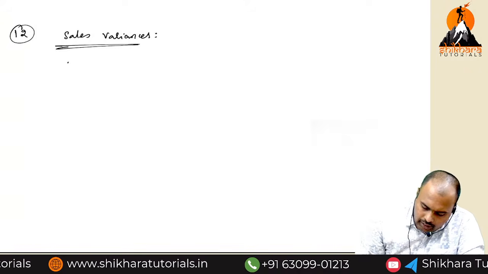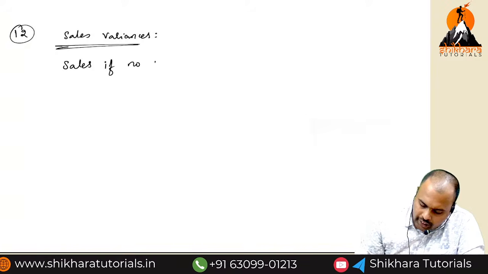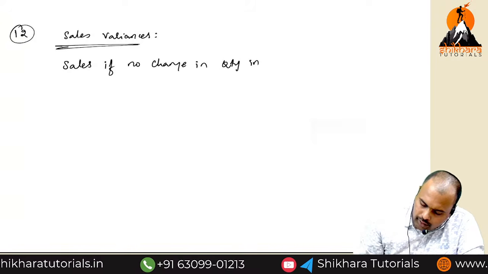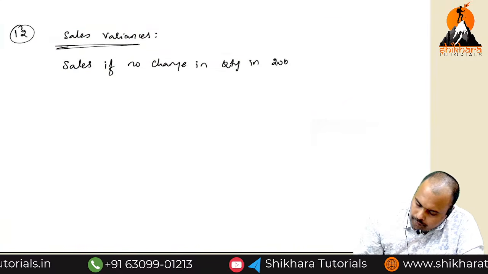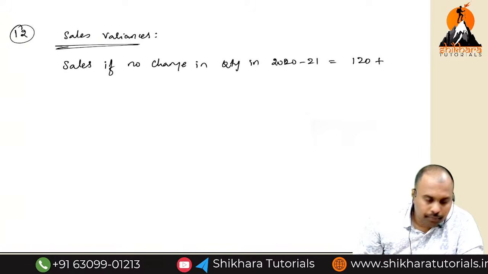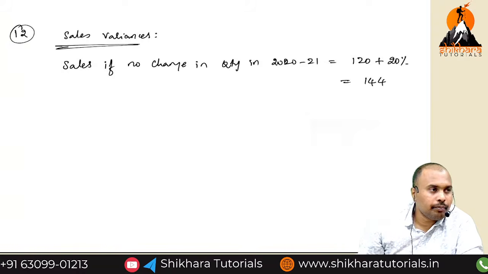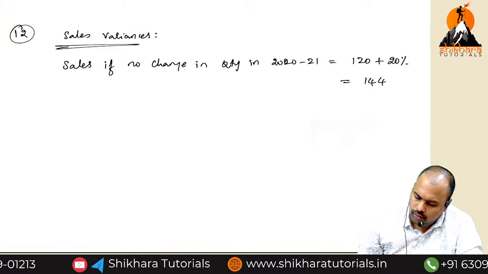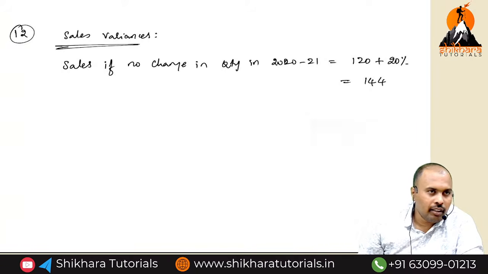Now, sales if no change in quantity in 2021 has to be 120 plus 20%, which is 144.